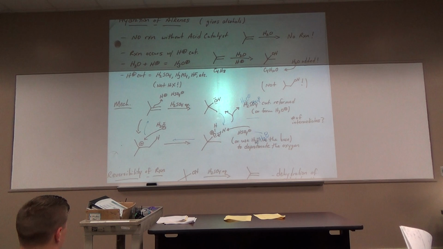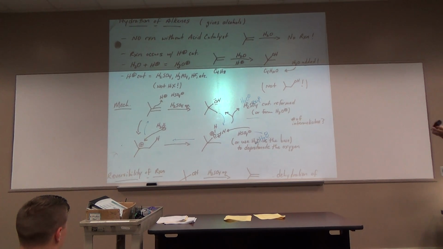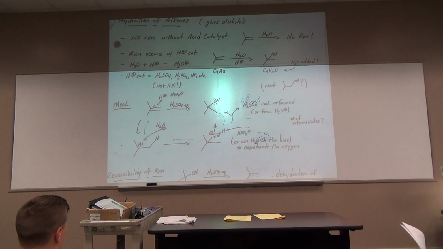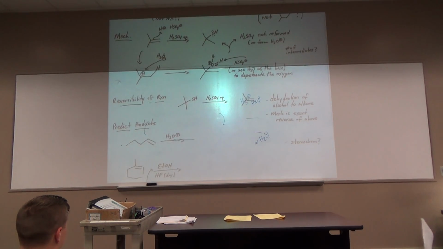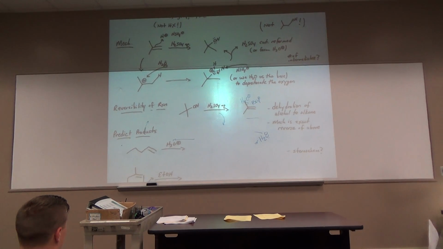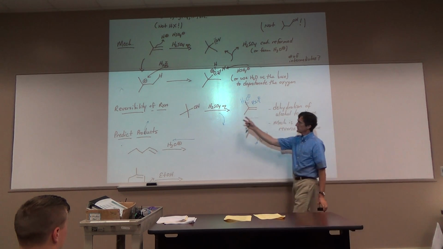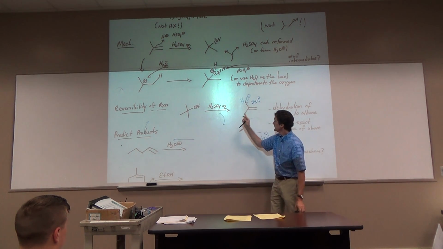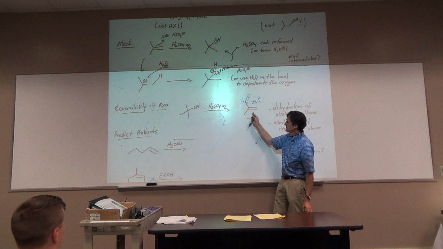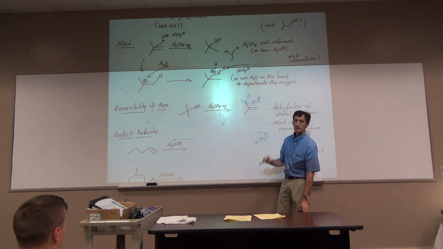And to some degree, that's an equilibrium reaction. But for us, it's going one way or the other. But if you reverse it, you would call it a dehydration, because if you remove water, you're dehydrating the alcohol to make the alkene.